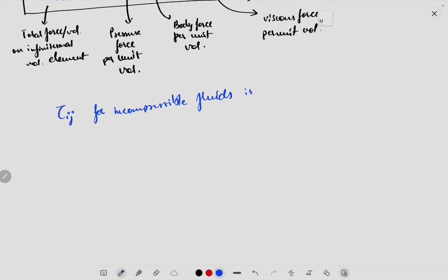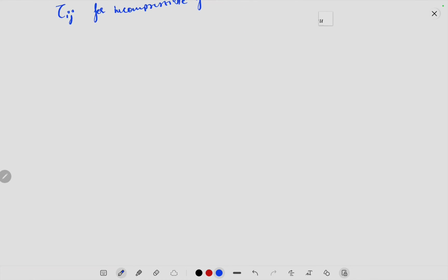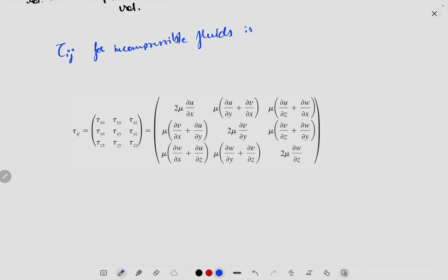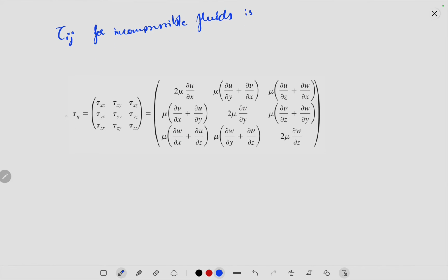It is the following. Okay, so this is my shear stress tensor for incompressible fluid.